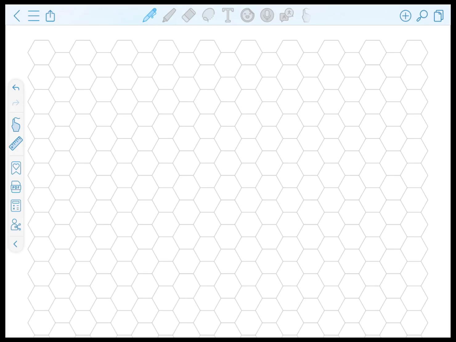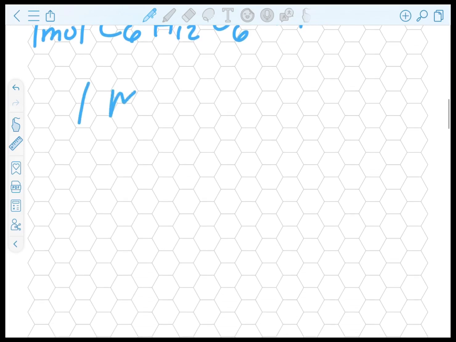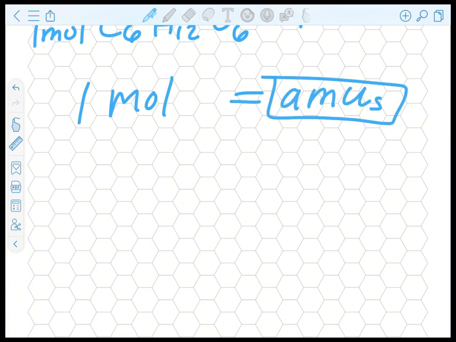Now, let's look at a real life chemical example. Carbon. If we find the mass of a mole of carbon, it's going to be a lot smaller than glucose. A mole of any substance converted into mass is going to be found by using the atomic mass units, or AMUs, on the periodic table.